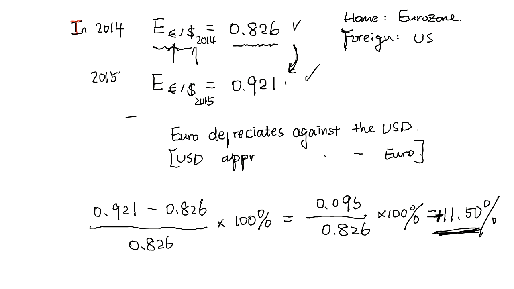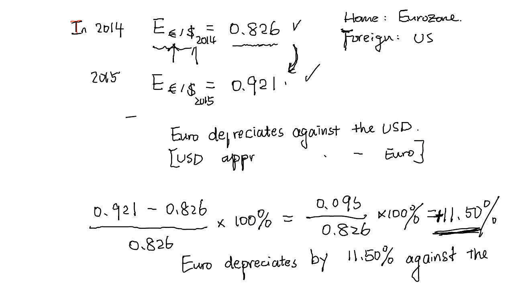I have to pay 11.5% more than in 2014 to buy the same amount of the US dollar. Okay, so that means the euro depreciates by 11.50% against the US dollar.